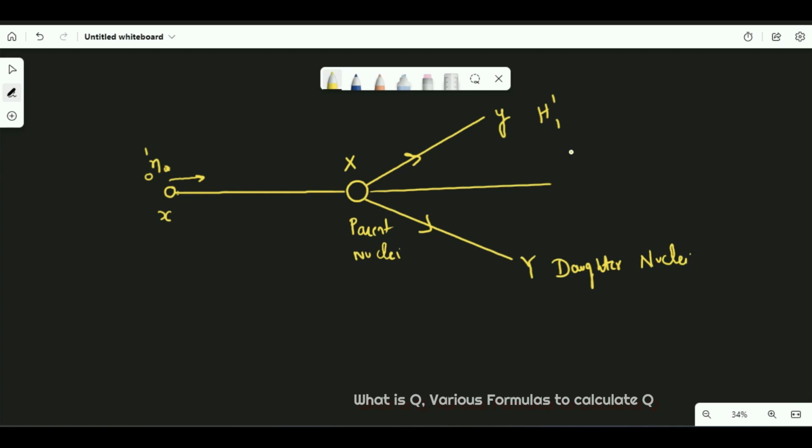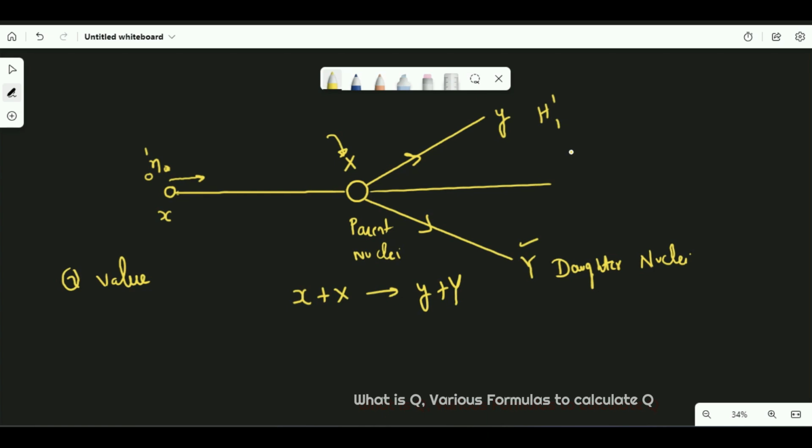Now, every question which you have, which is pertaining to Q value of a nuclear reaction, where nuclei interact with each other. So you can see this is a nucleus of X getting converted into Y. So this is like X plus x becoming Y plus y.